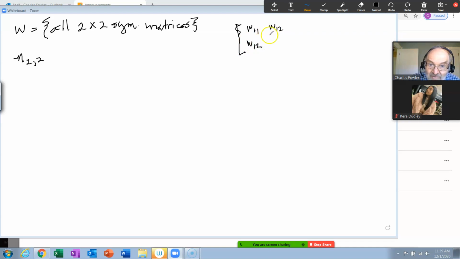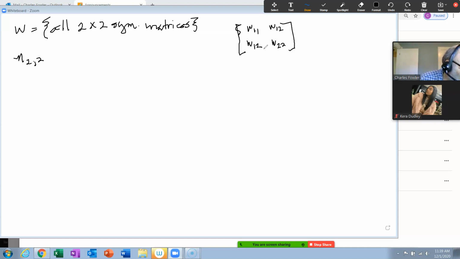These two entries have to be the same, and this would be little w 2,2. These two don't have to be the same. I probably shouldn't have used W, but I just picked a letter and I happened to pick a pretty poor one, I guess. Okay, so that's what it is.